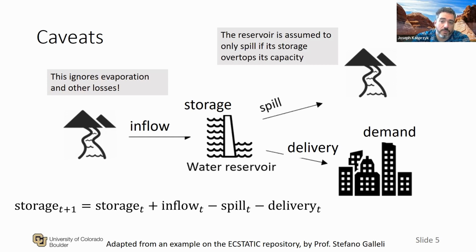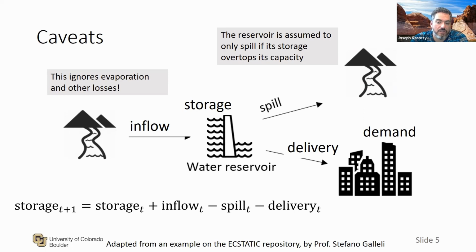One of the rules, we talked at the beginning of the class about the fact that we have to structure these quantitative decisions, and we have to make decisions about how the reservoir is operated. And so one of the decisions that we have to make is, how do we control spill? And so here it's just spill an infinite amount of water if you can, if the storage overtops the capacity.